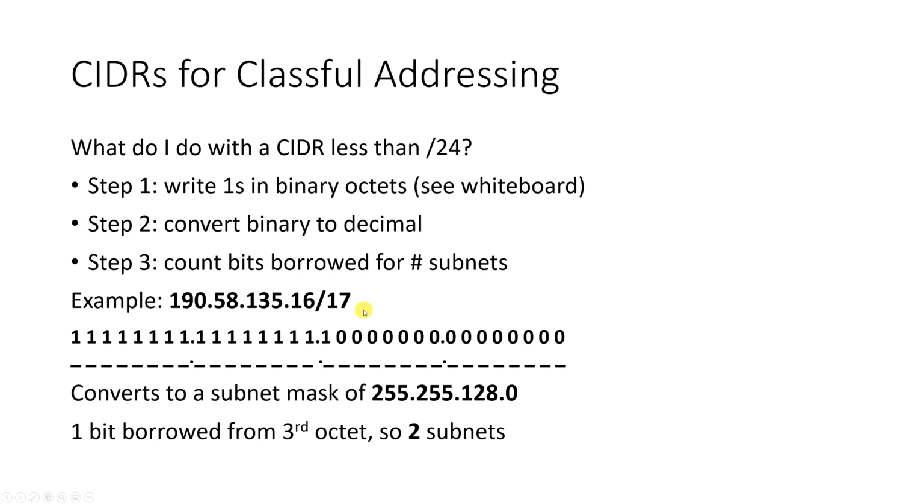Well, let's take a look. You're using 1 bit to create subnets, and again, these are for public IP addresses, classful addressing. You're using 1 bit, and look, you have 15 bits left to create hosts. And you remember, what are your place values?